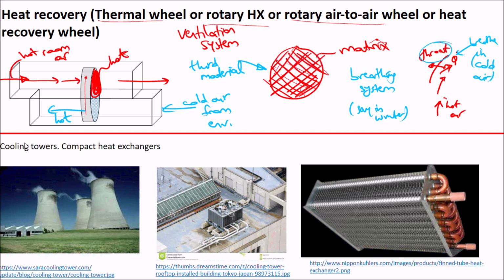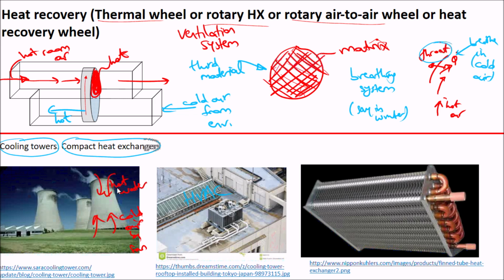Okay, and one last part is the cooling towers in heat exchangers, and also we have the compact heat exchangers. Cooling towers are used in power plants as well as in HVAC, or heating, ventilation, air conditioning systems. What happens is that on one side you have the hot water that leaves the plant or the turbine, and on the opposite side you have the cold air by fan.